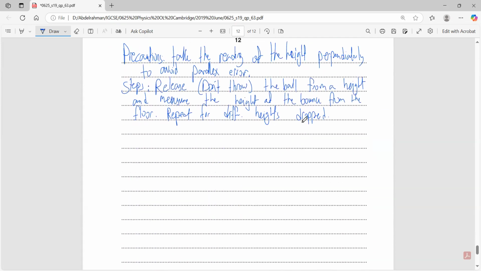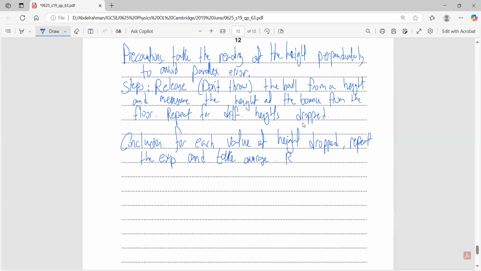Last but not least, I need to include the conclusion. For each value of the height dropped, you have to repeat the experiment and take the average. Record the readings in the table.